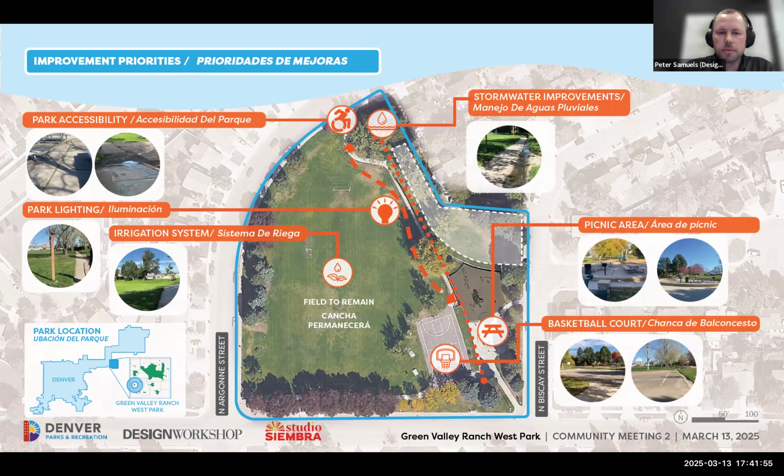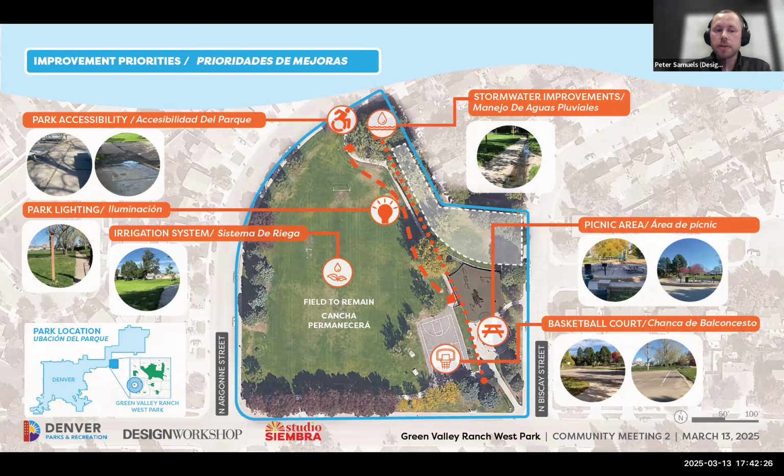We have some overall challenges currently with park accessibility in terms of paving and some steep grades in places. And furthermore, we recognized an overall need for improvements to lighting to make the park a safer place to be in the evening. Furthermore, stormwater is a really important part of this park. This park actually is, some of you may know this, some of you may not, a detention area for when we have large storm or flooding events.